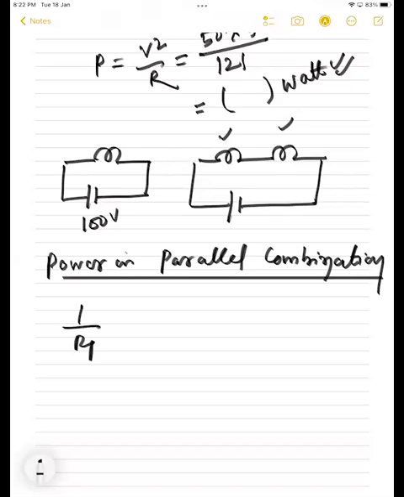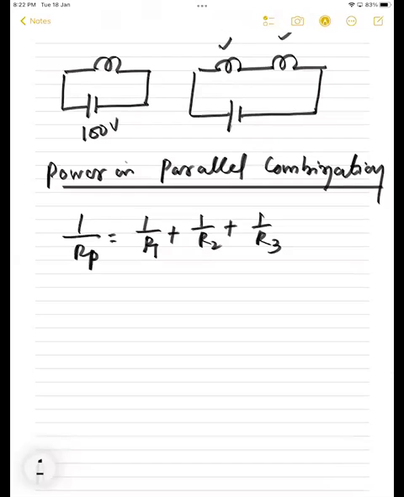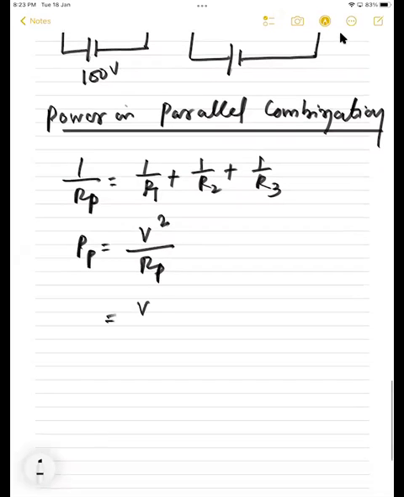So 1 by Rp is equal to how much? 1 by R1 plus 1 by R2 plus 1 by R3, right? Yes or no? So this is resistance in parallel, and power in parallel is equal to V square by resistance in parallel, right? That is equal to V square by Rp.